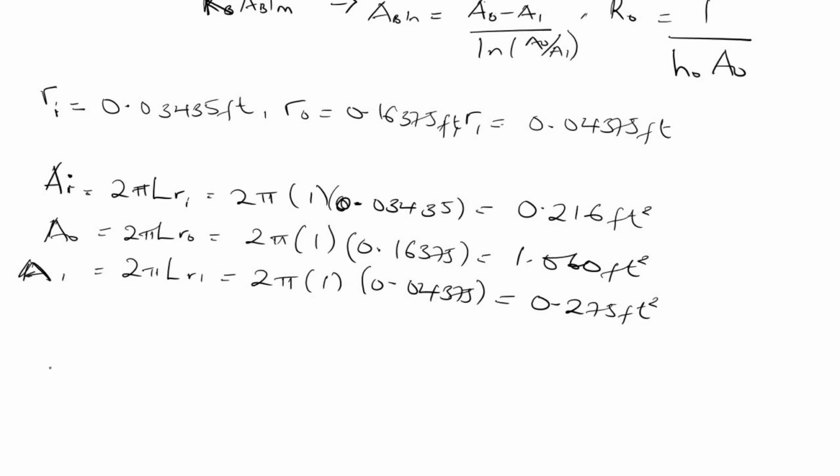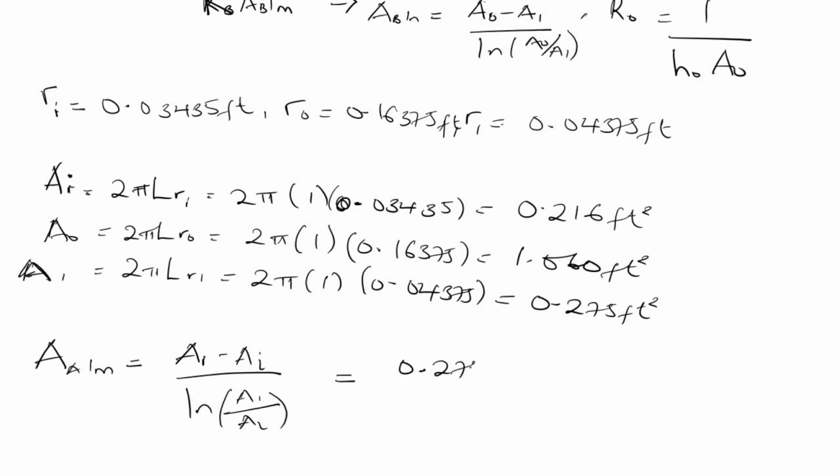As we've said, from these areas we are going to determine the log mean areas. The log mean area of A is going to be A1 minus AI, we've written the formula above, divided by ln of A1 over AI, which is what? 0.275 minus AI 0.216, divided by ln of 0.275 divided by 0.216.